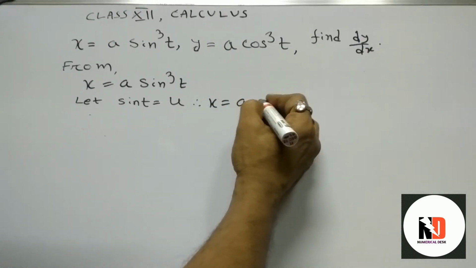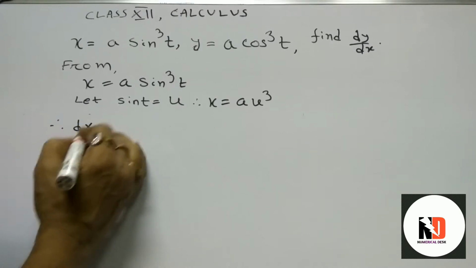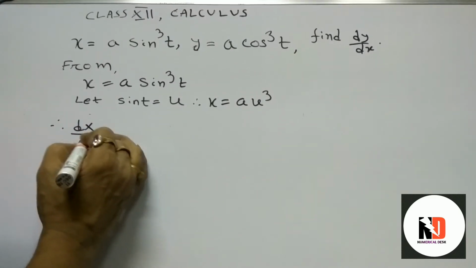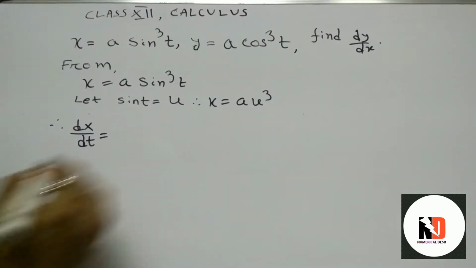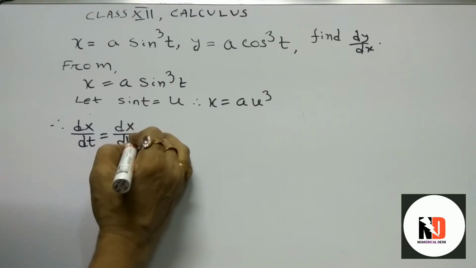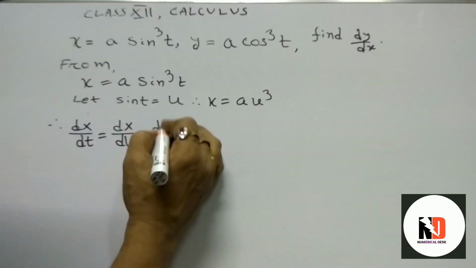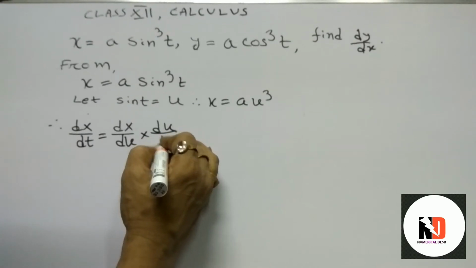So x becomes a u cube. So differentiating both sides with respect to t, the first equation dx by dt. So look at the chain format: dx by du into du by dt.